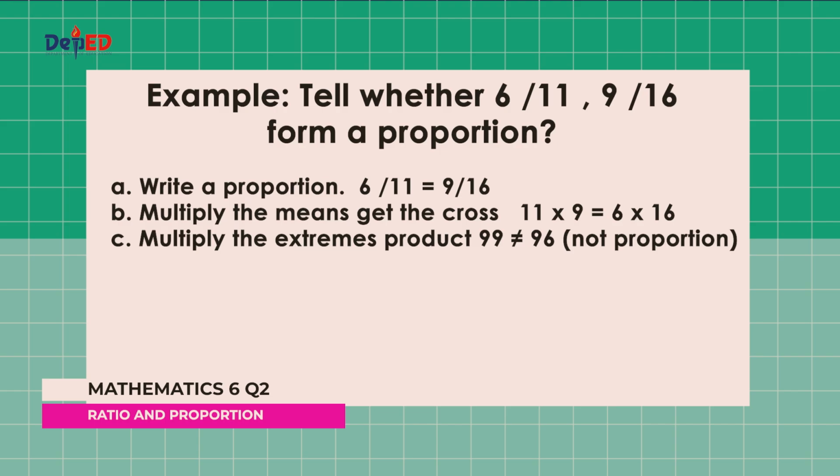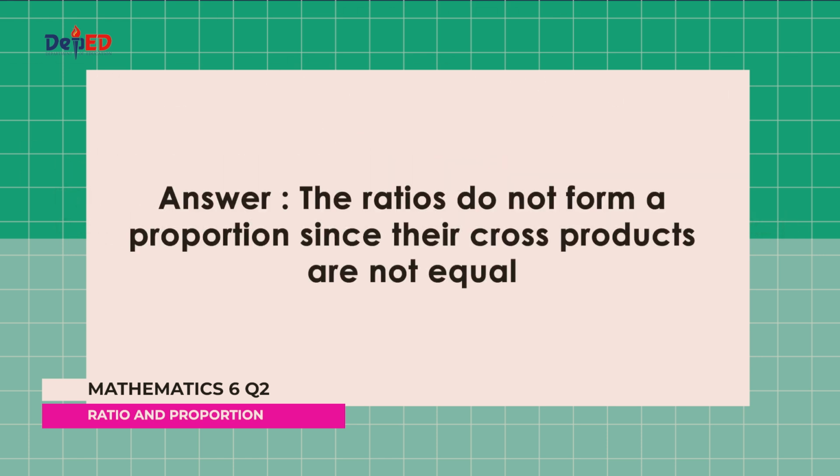When we multiply 11 by 9, we get 99. And when we multiply 6 by 16, we get 96. 99 is not equal to 96. The ratios here do not form a proportion since their cross products are not equal.